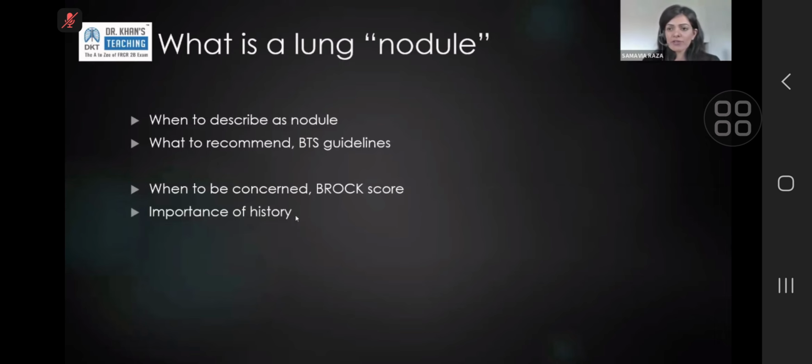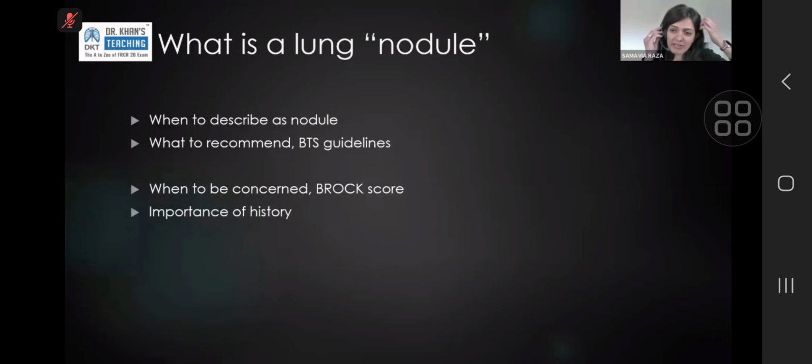And don't forget the importance of history when you're reporting somebody with a lung nodule, because if somebody has a known history of cancer, these BTS guidelines go out the window. These BTS guidelines only apply if somebody does not have cancer already. So if somebody has breast cancer and they had a scan and there was a nodule and you decided to follow the BTS guidelines, you would be absolutely wrong, because the whole premise, the whole assumption is false in that case.